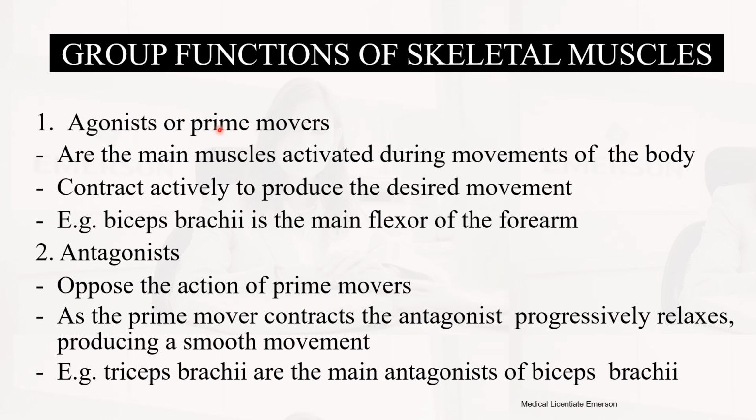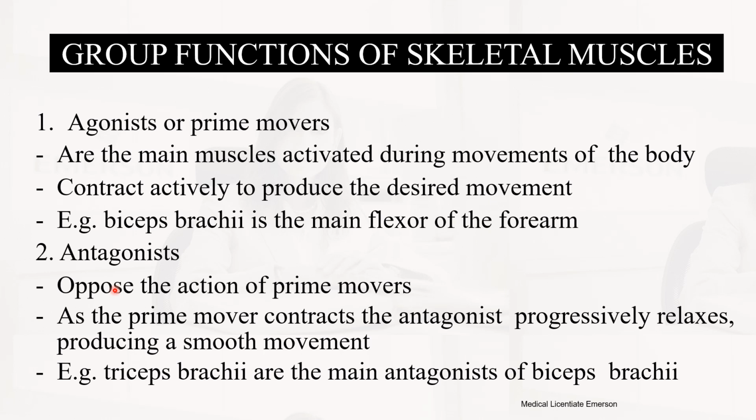Number one group function is the agonists or prime movers, which are the main muscles activated during movement of the body. They contract actively to produce the desired movement. The way I remember agonists is that they are the muscles involved in movement of the body. Then antagonists are the opposite.